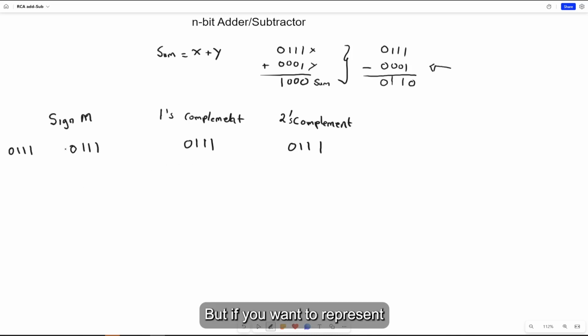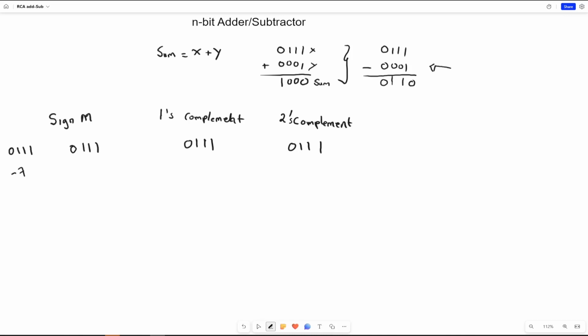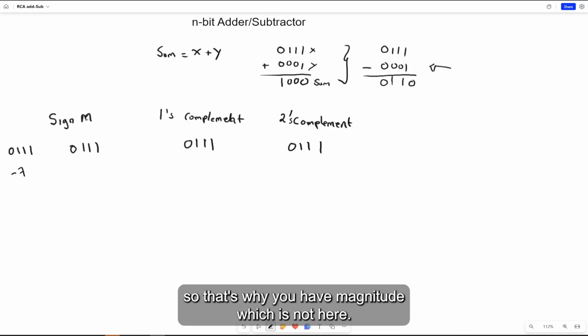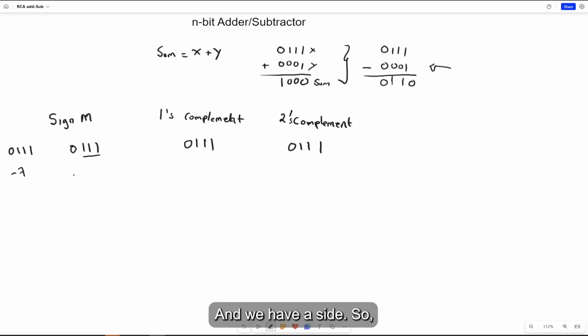But if you want to represent minus 7 in sign magnitude, you have the magnitude and you have a sign. All of them are 4 bits, so the last bit represents the sign. If the sign digit is 0, it's positive.